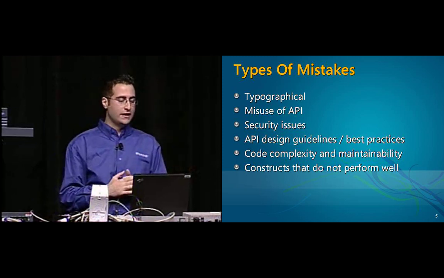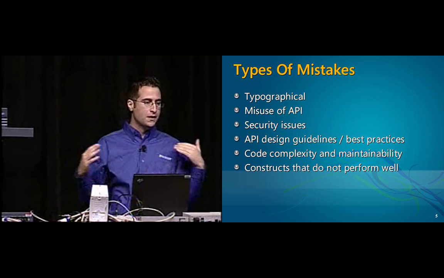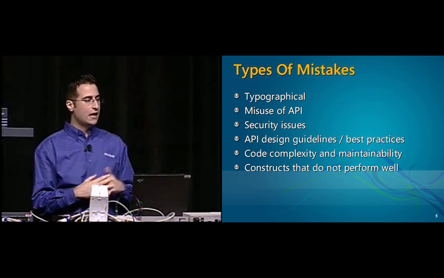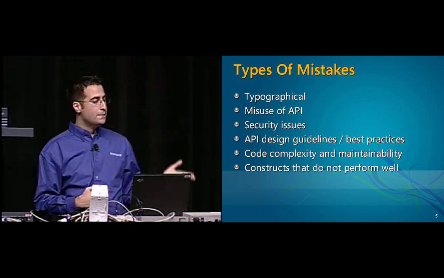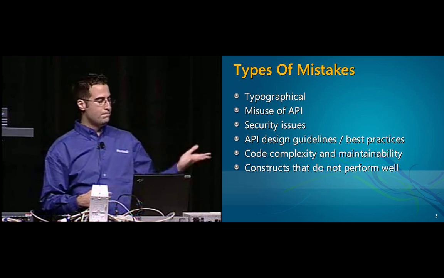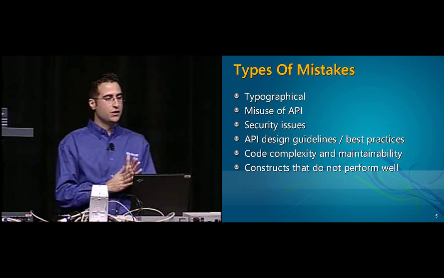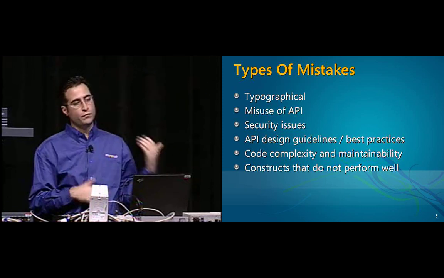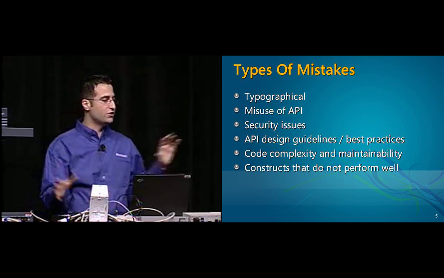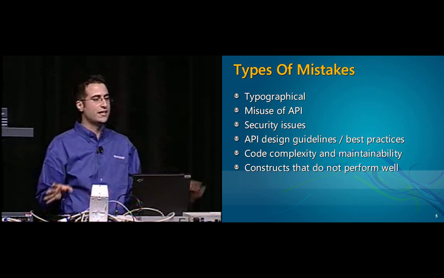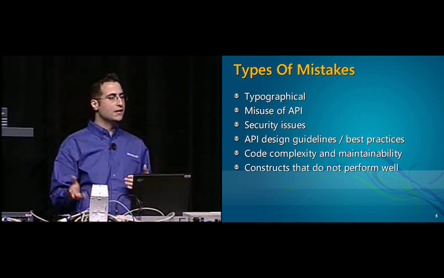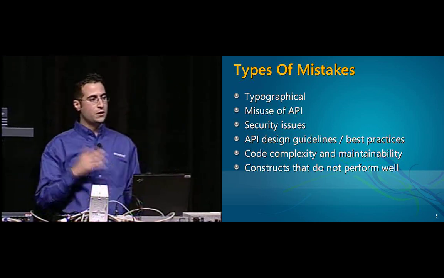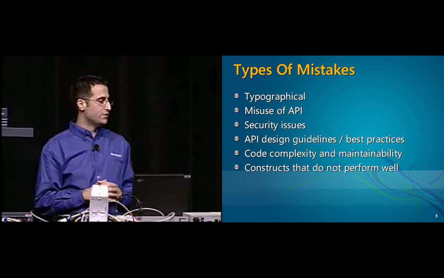API design guidelines and best practices. If you're familiar at all with the .NET framework design guidelines for reusable libraries, FxCop, or the managed code analysis in Visual Studio, actually has its origin in enforcing those guidelines. So in addition to correctness checks and security checks, we're also doing things like analyzing the naming conventions that are used in the code, and so on.